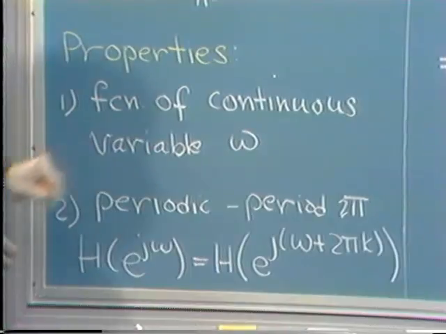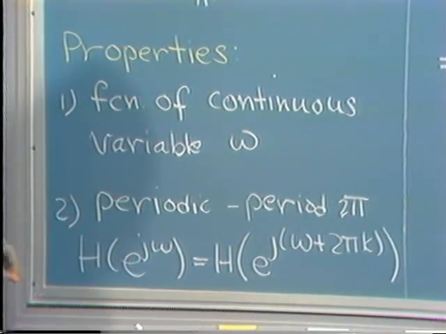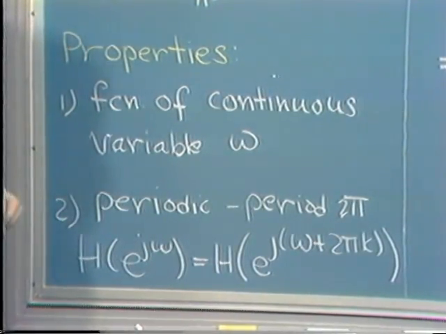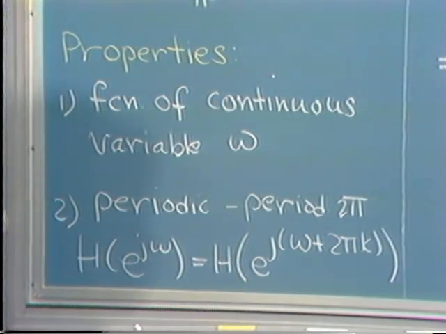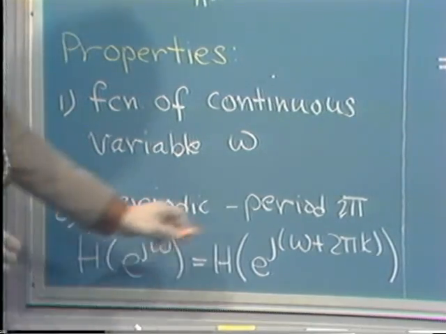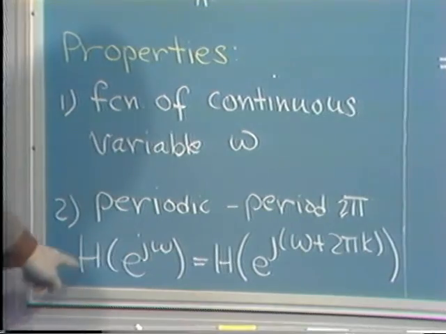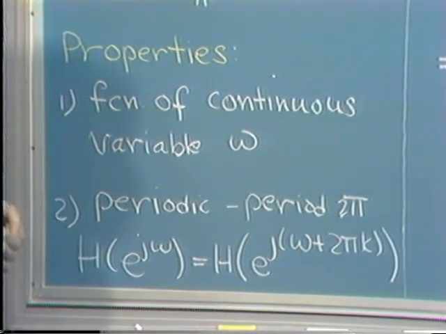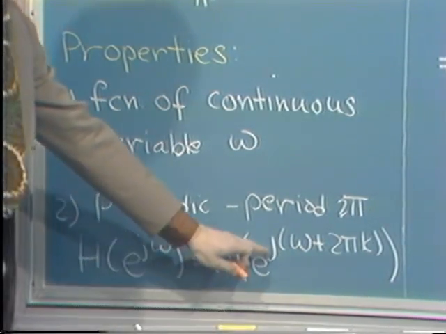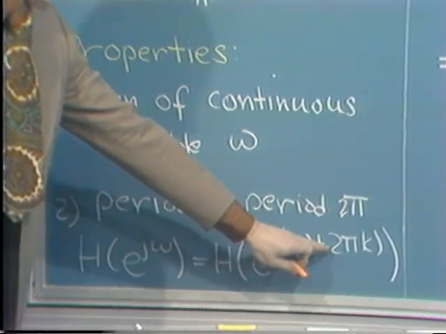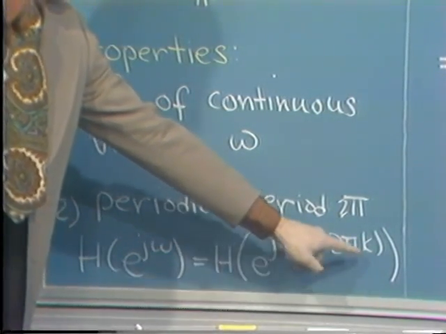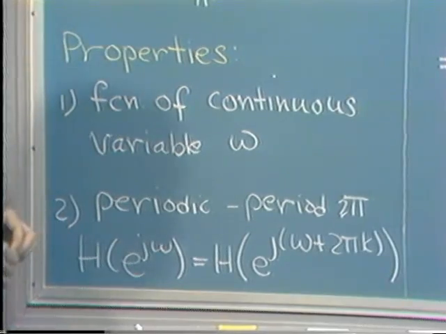So this was one important property. The second important property is that the frequency response is a periodic function of omega, and the period is equal to 2 pi. H of e to the j omega is equal to H of e to the j omega plus 2 pi k, where k is any integer.